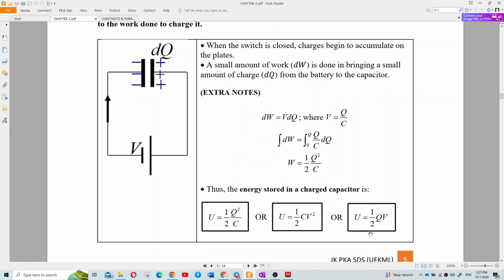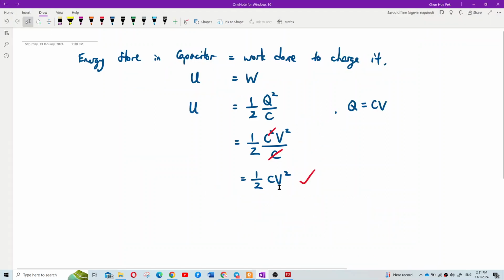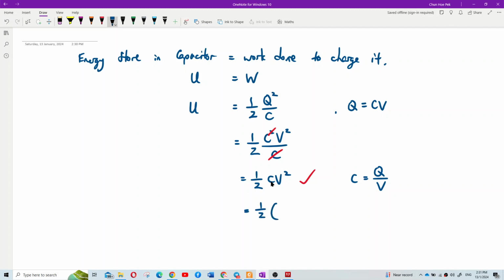And then half QV. We don't want the C, so that means C is equal to Q over V. Change the C into Q over V. So half, C is Q over V, times V squared. So cancel the V. That's how we get half QV.